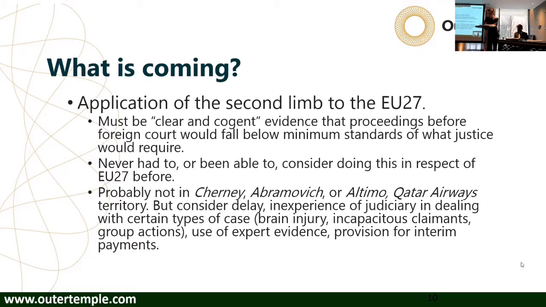All of those types of arguments, which were completely shut off before, are now potentially open to claimants to make, and that's not a particularly comfortable position, because it's not something we've really been used to doing before. But it seems to me there will be cases where that has to be at least looked into, and it will be in the client's interest to make arguments of that type.